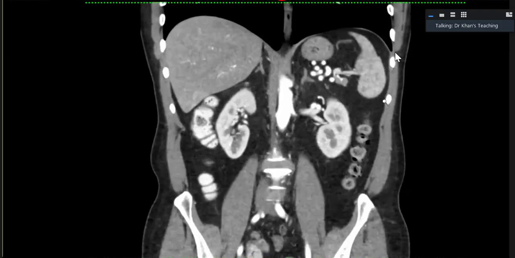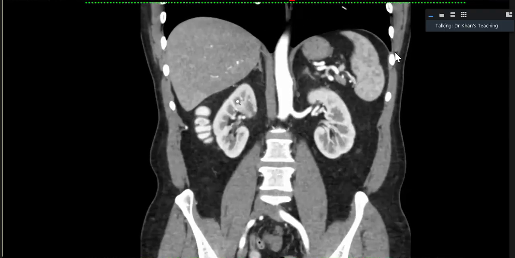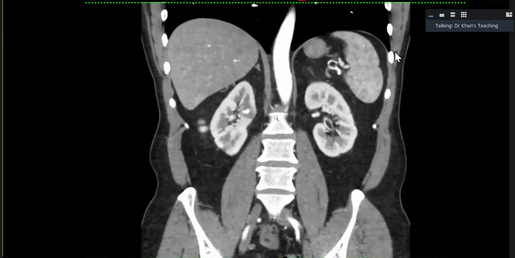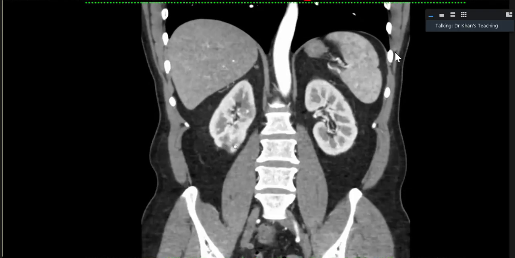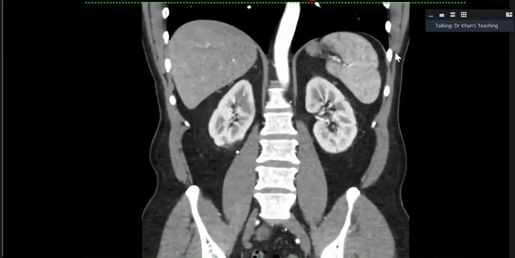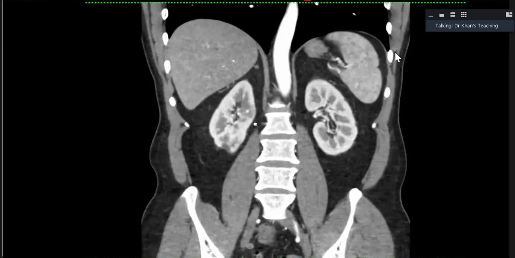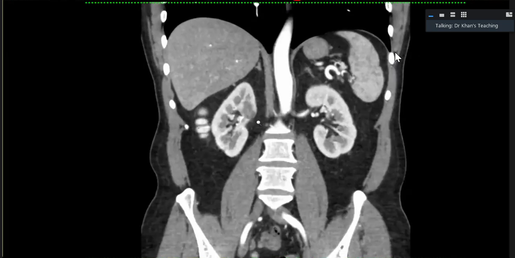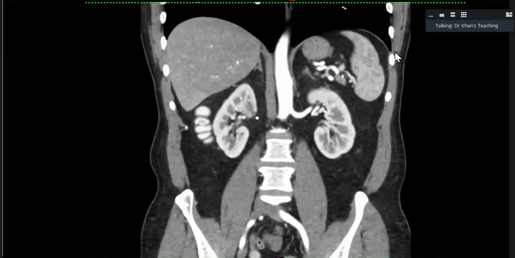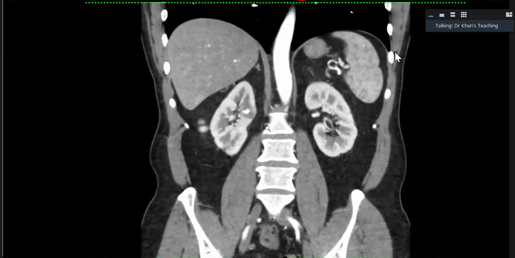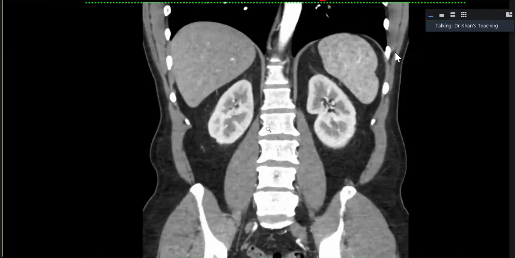So in this particular case, now you can see a small, tiny aneurysm, but this one is a definite aneurysm. You can see this irregularity, and you can see another developing hypodensity, which I had shown you on the axial. So there is another infarct there. So quite a few things happening.